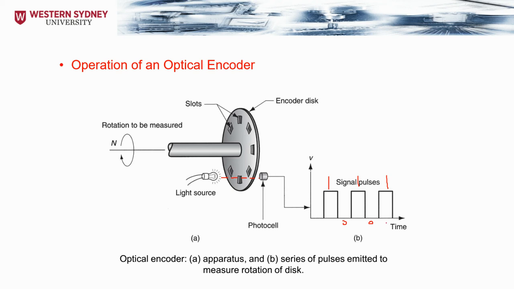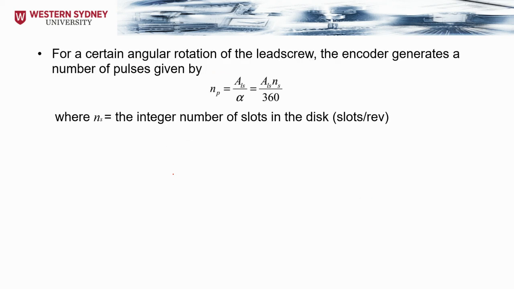We have a counter that counts the number of the pulses, and thus tells us how many slots have passed in the encoder. You can see that these are the slots, and we are going to have alpha, the angle between these slots. To find this alpha, you need to know how many slots we have. 360 divided by that is going to give you the value for alpha.